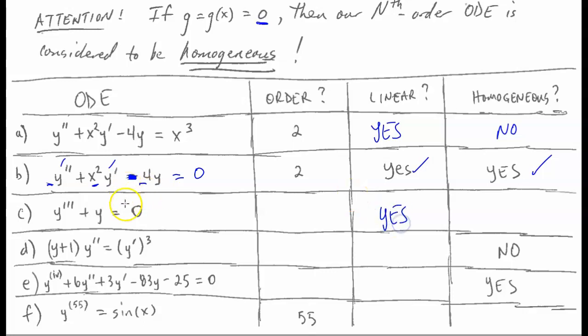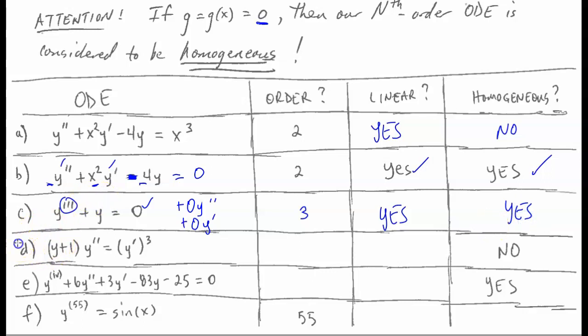Because anything that's missing, like the term that has a second derivative, we can just say that that's plus 0 times y double prime. And for the one for the first derivative, plus 0 times y prime. Of course, the order here, since third derivative is the highest, that's going to be 3. And because this equals 0 here, it is going to be homogeneous. Okay.